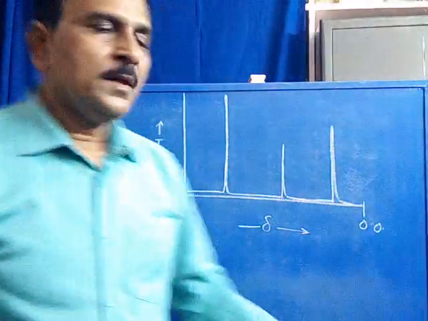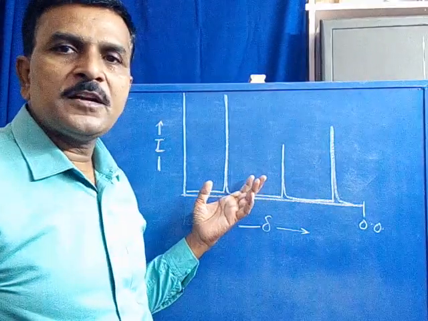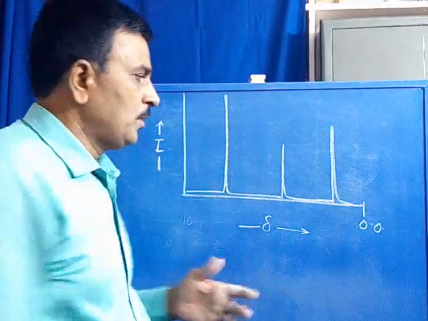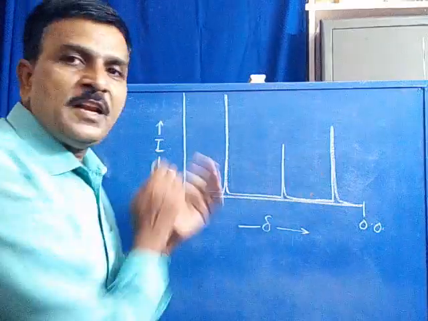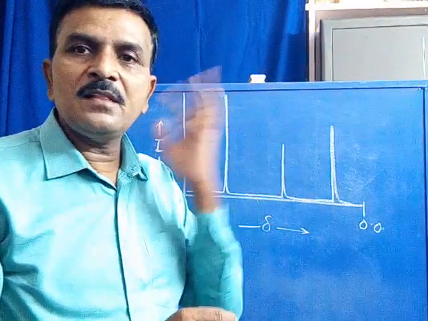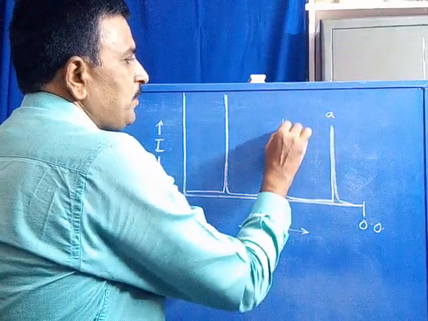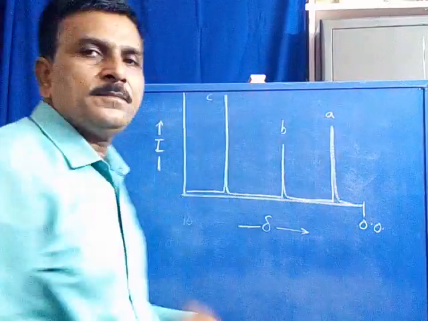Say we have 3 signals. Say for example, you consider this is the spectrum for one unknown molecule, consisting of 3 signals. 3 signals in the spectrum indicate there are 3 sets of protons. Say this is the A set, this is the B set, this is the C set.